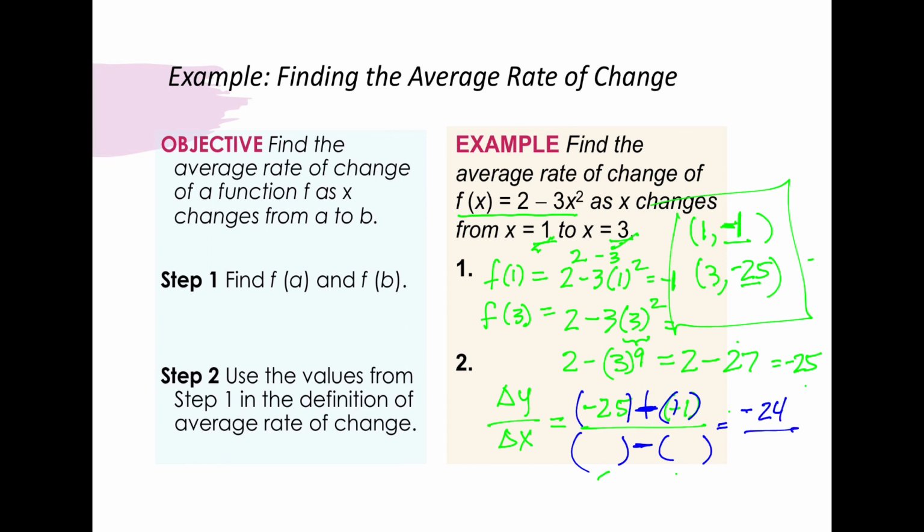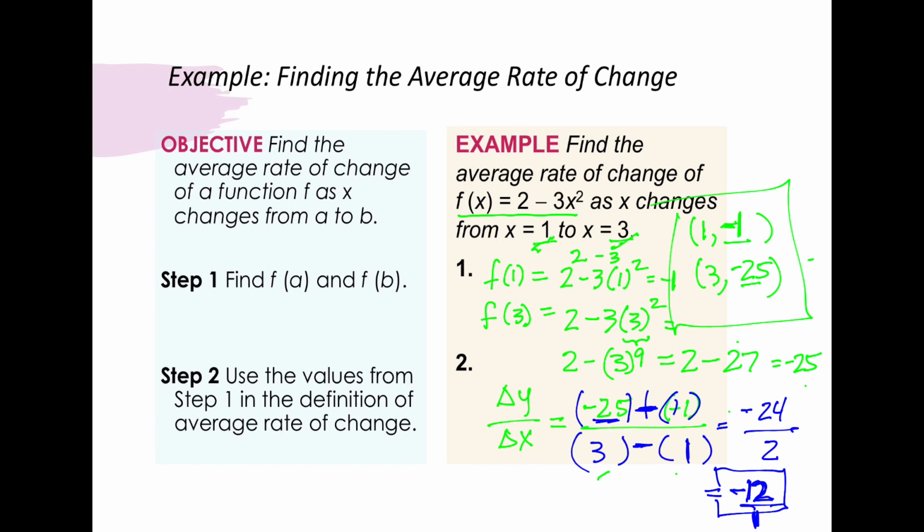And on the bottom, we started with negative 25, so I have to start with 3 and then 1. So that's positive 2. So negative 24 divided by 2 is negative 12. That is my average rate of change. As x changes by 1, y changes by negative 12.